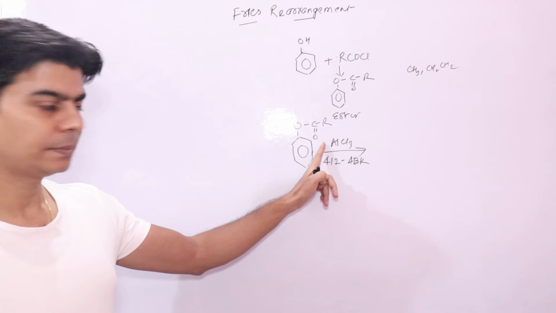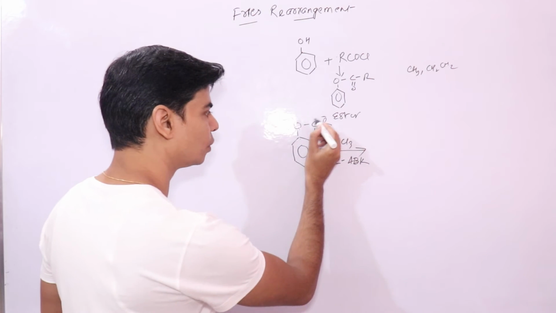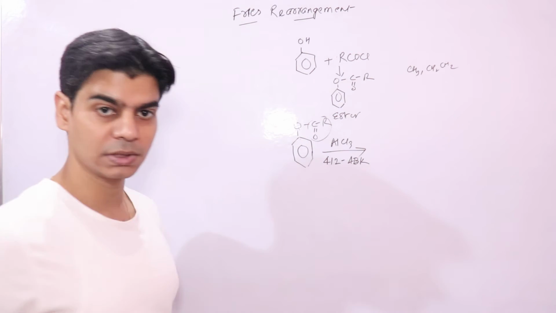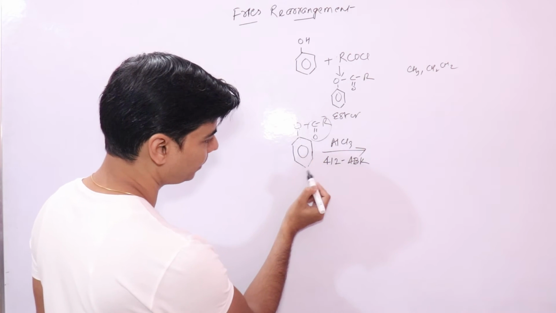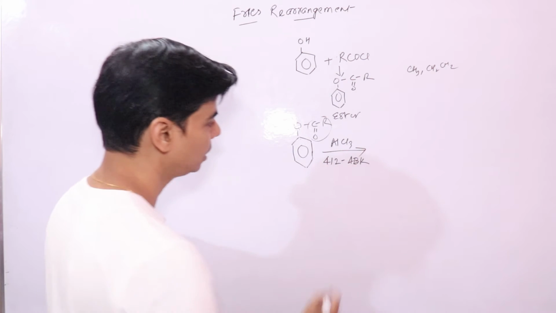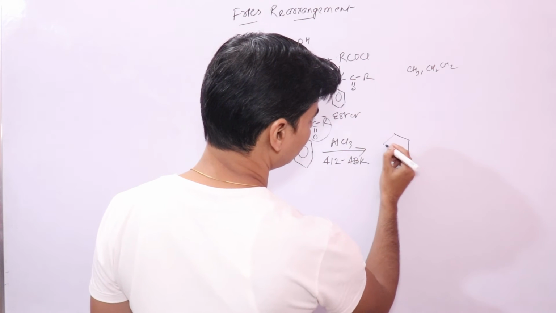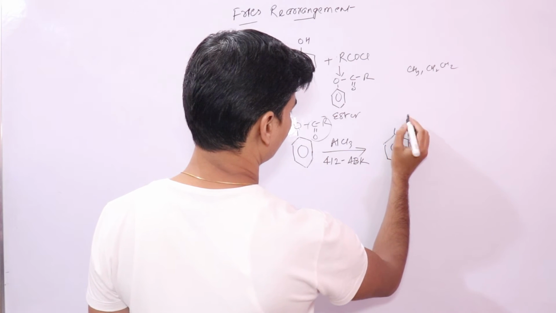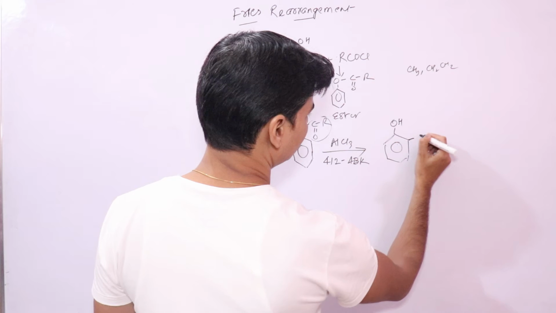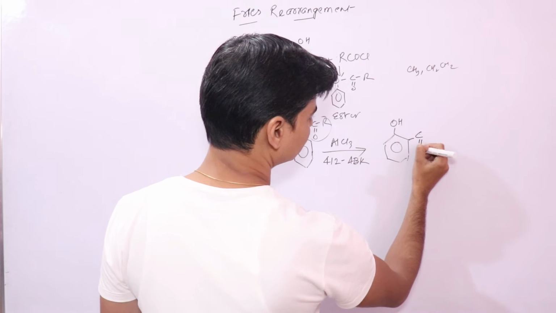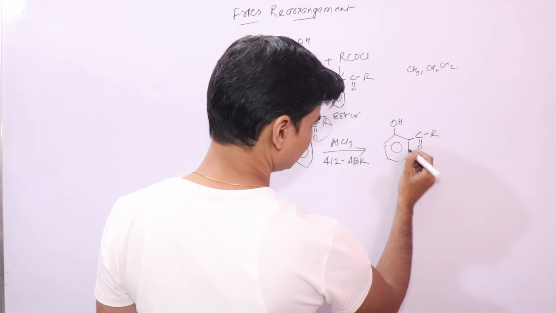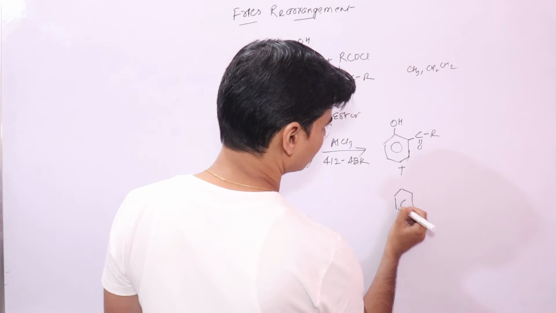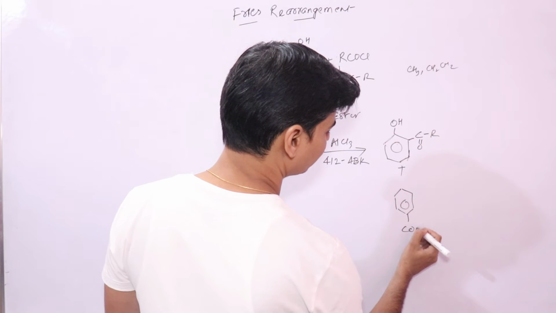At this temperature and in the presence of aluminium chloride, this acyl group will migrate from this phenolic oxygen to the ortho and para positions of the benzene ring, to form ortho and para isomers. OH, COR, this is your ortho product, plus your para product.